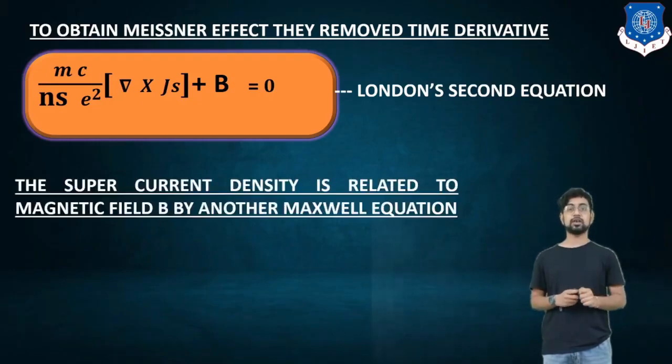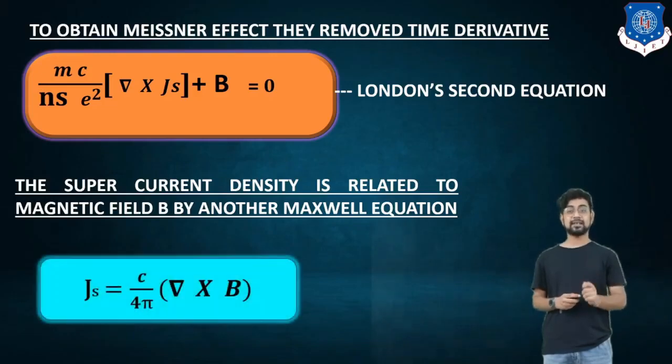Now that we have the London second equation, the supercurrent density is also related to the magnetic field by another Maxwell equation, which was equation number 4 that we derived. That is Js equals c by 4 pi times curl of B. Now it is obvious that Js appears above, so the next step is to replace it.